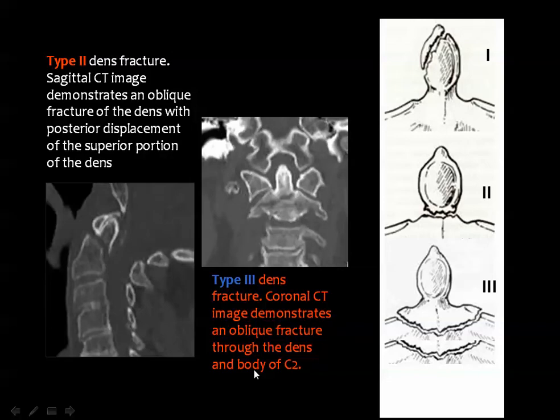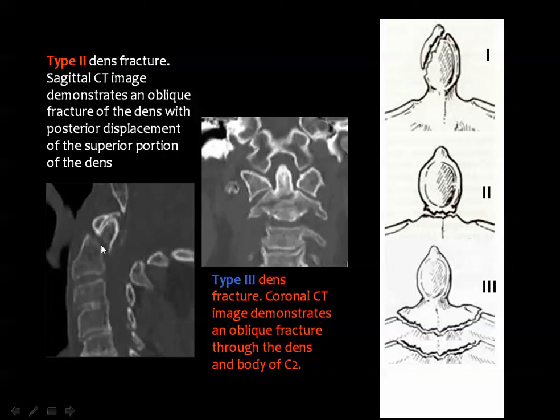Then we come to the fractures of the odontoid process. We have three types of odontoid fractures. If the fracture involves only the tip of the odontoid, then we have type 1. If it involves the base, then we have type 2. If it involves the base together with part of the C2 vertebral body, then we have type 3.